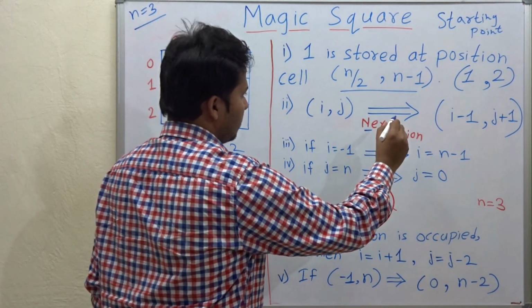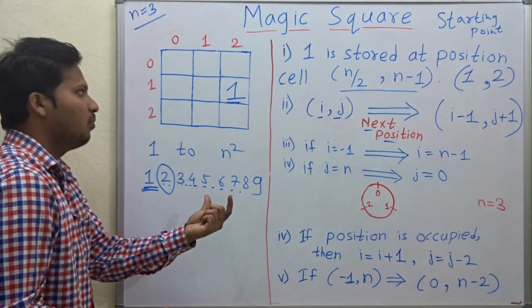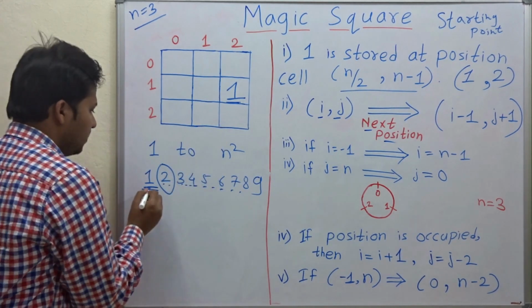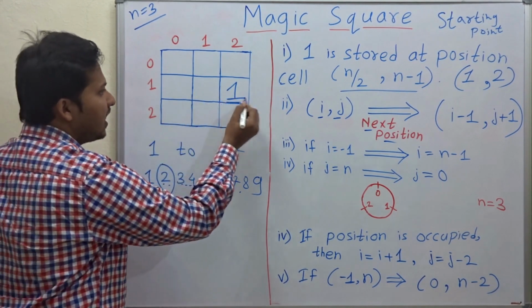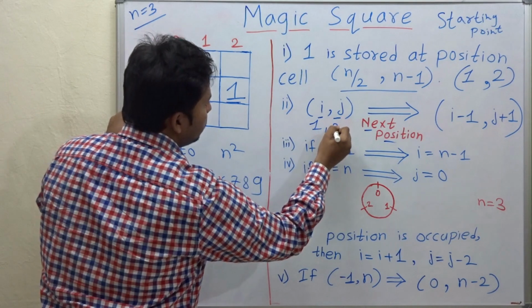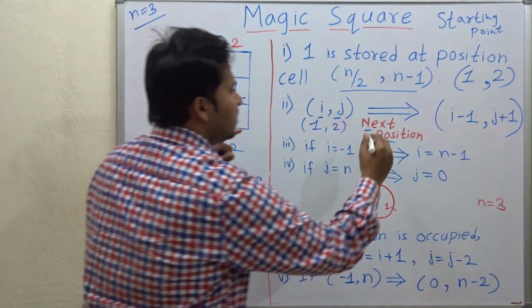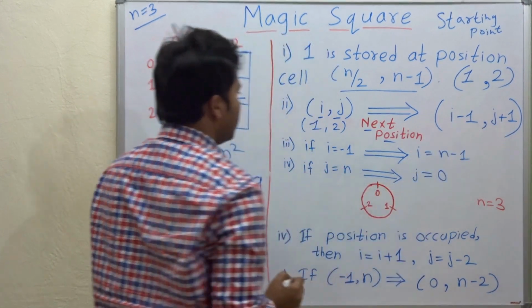So see, if i comma j is the current position, means the current number, that is 1, if it is positioned at i comma j cell, means here 1 comma 2, then the next position will be i minus 1 comma j plus 1.